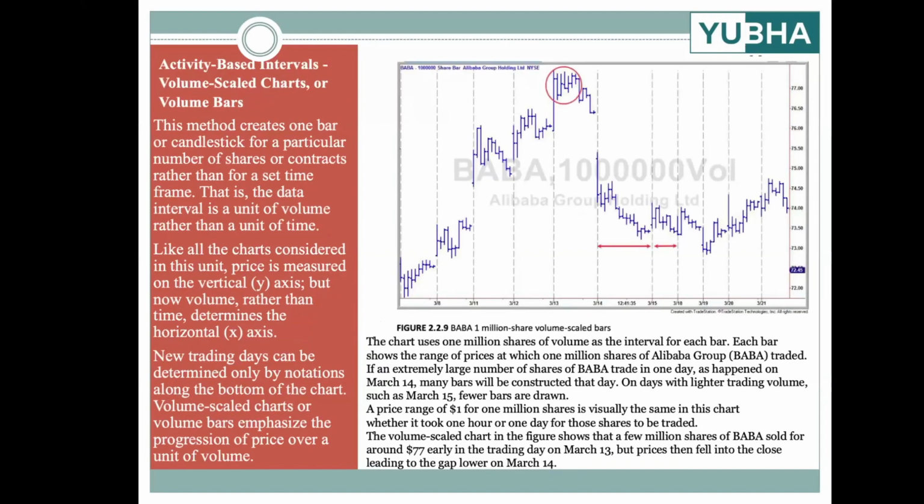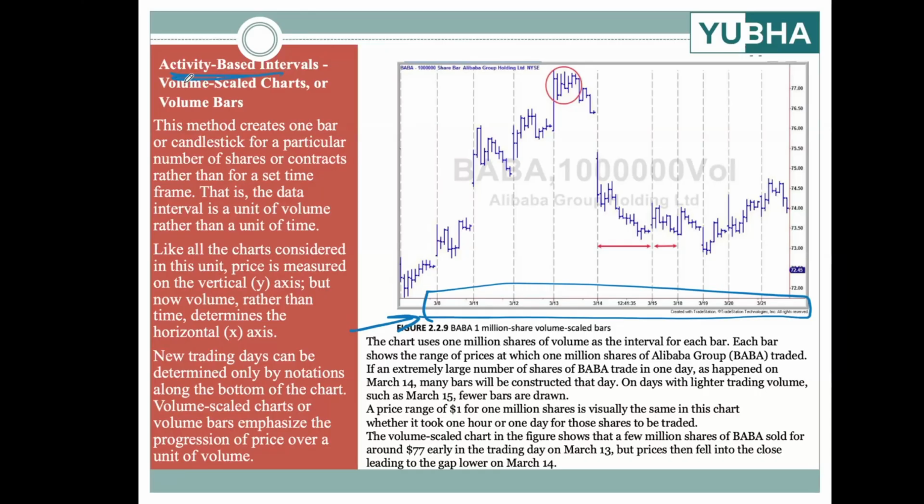Okay. So till now, what we've seen is that your x-axis incorporates time, whether it is hourly bars, minute bars, weekly bars or monthly bars. But now what we're seeing is that the x-axis has changed from time to activity, and we call this an activity-based interval.